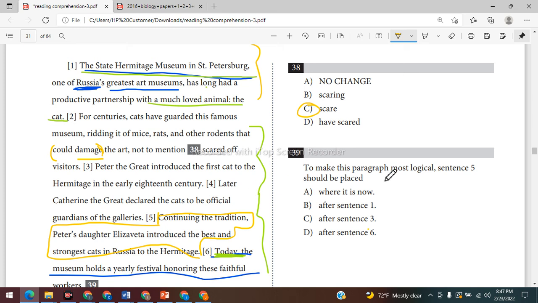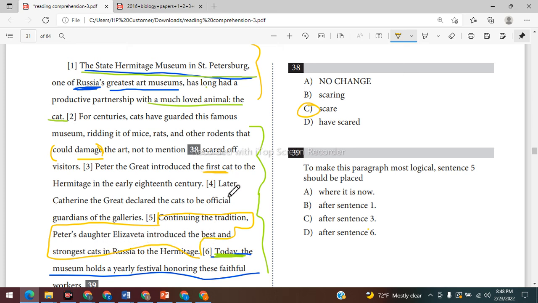So it's saying to make this paragraph most logical, sentence 5 should be moved. Well, let's look at sentence 3. Sentence 3 talked about Peter the Great introducing the first cat to the Hermitage in the early 18th century. But this later sentence talks about how Elizaveta introduced the best and strongest cats to the Hermitage.